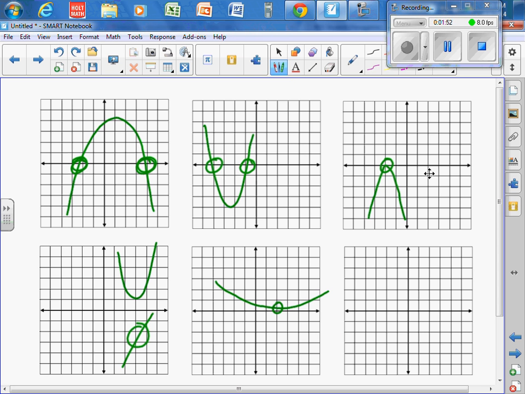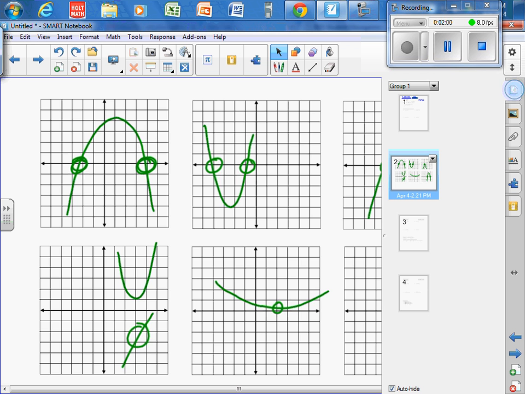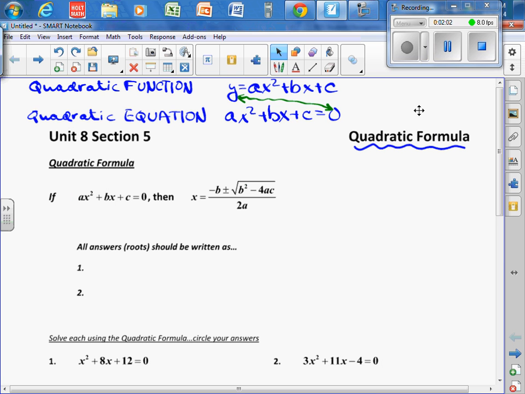But anyway, that's what we're wanting to know: where does the actual curve, the parabola, touch the x-axis? That's what we're going for when we're asked to find the solution, to find the roots of a quadratic: where is it meeting the x-axis.